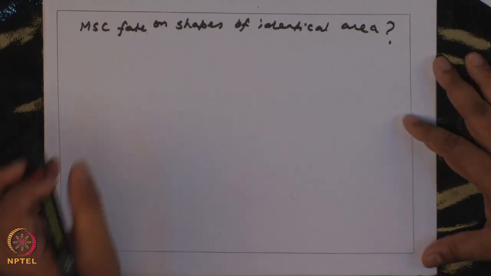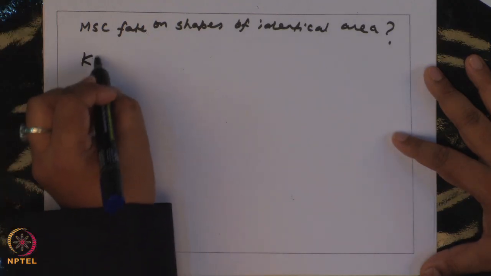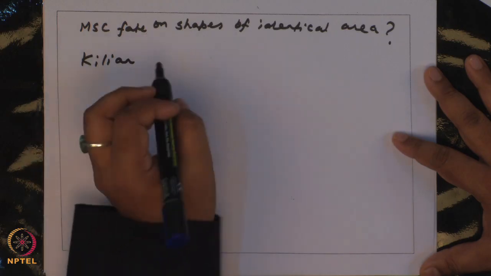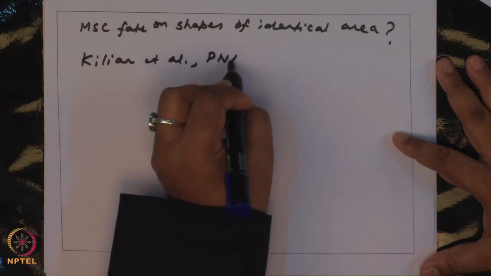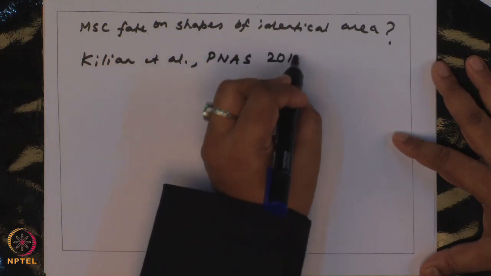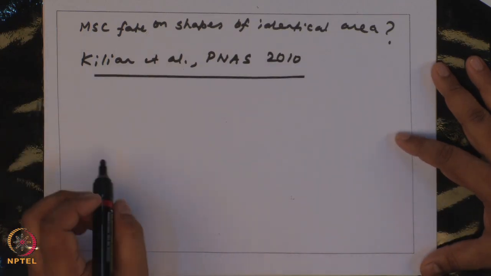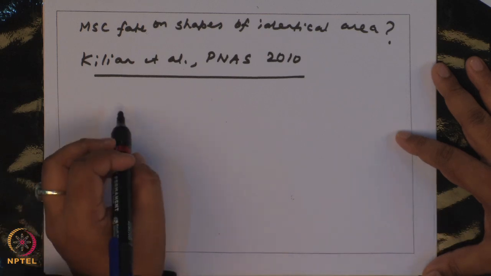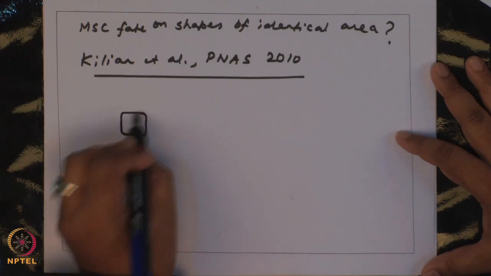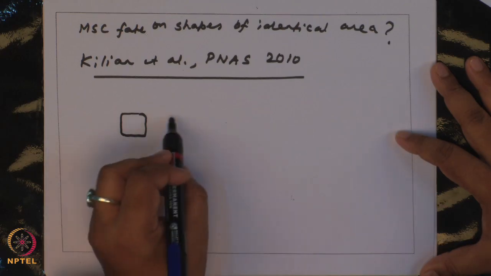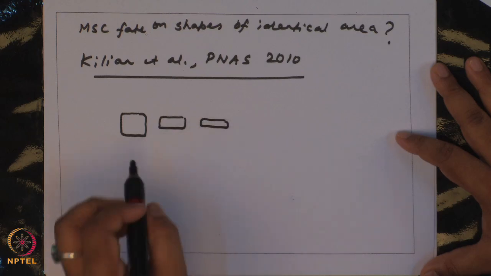To answer this question, a different group did a study. The paper is again a Pinees paper. The authors took different rectangular patterns, and what you do is you keep changing the aspect ratio.